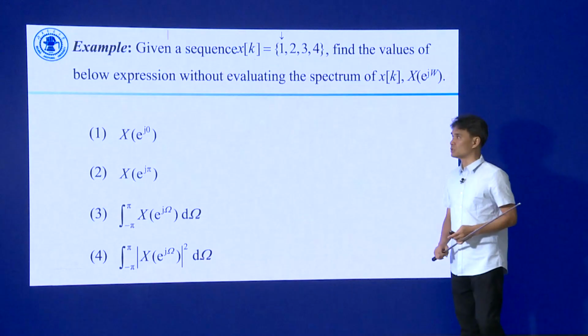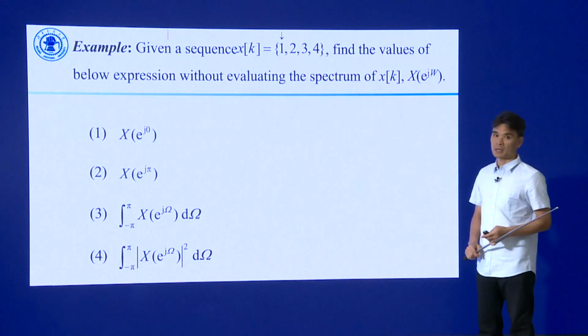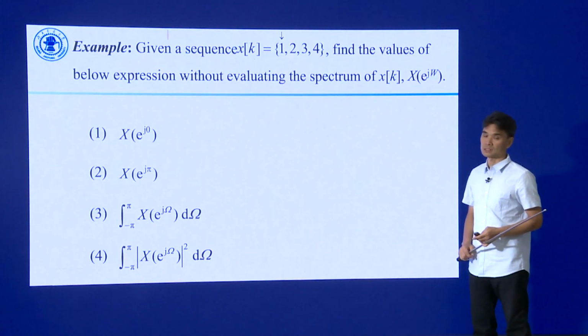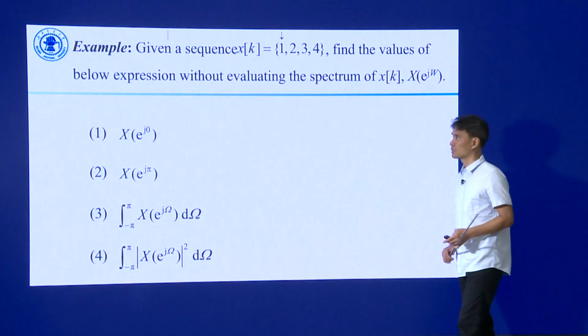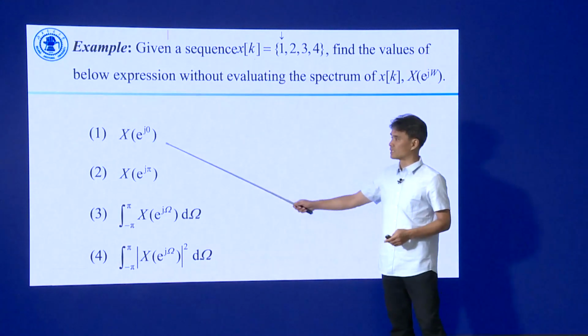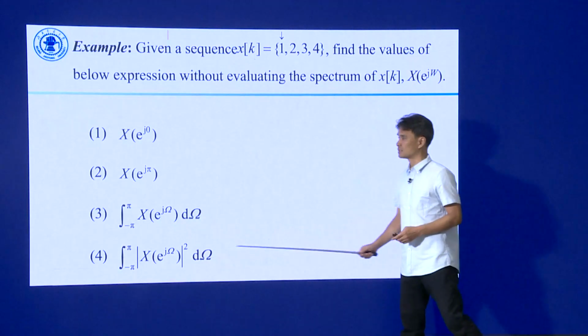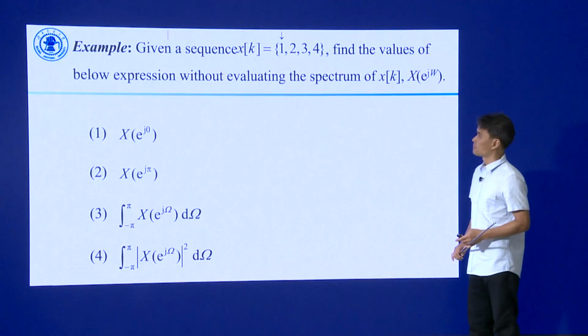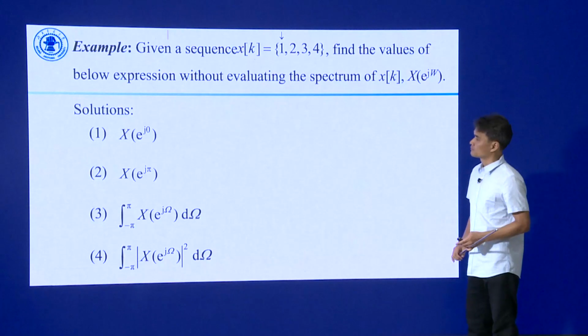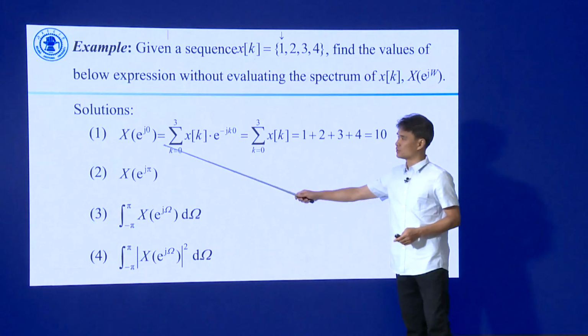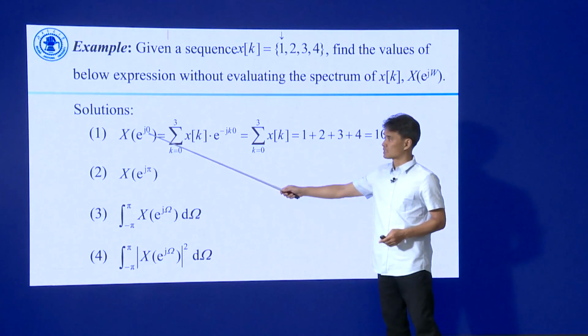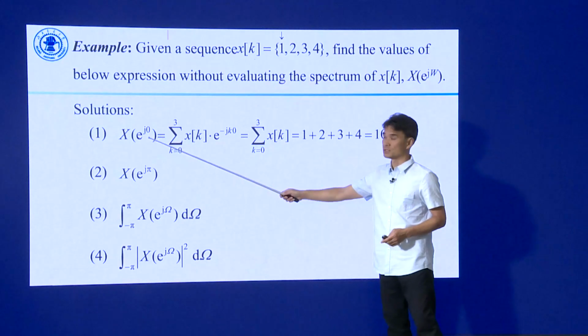And next, we're going to use some examples to show some extra properties of the discrete time Fourier transform. So try to evaluate these 4 different definitions. For the first one, we can use the forward discrete time Fourier transform to set capital omega equal to 0.